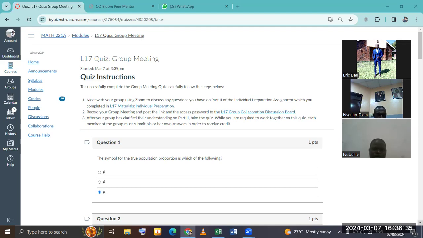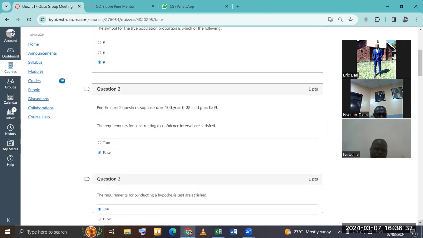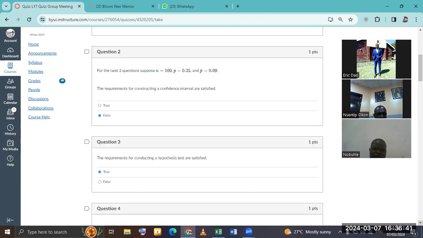Okay. Now we go to the second one. It says for the next two questions, suppose n is equal to 100 and p is equal to 0.25 and p is equal to 0.09.